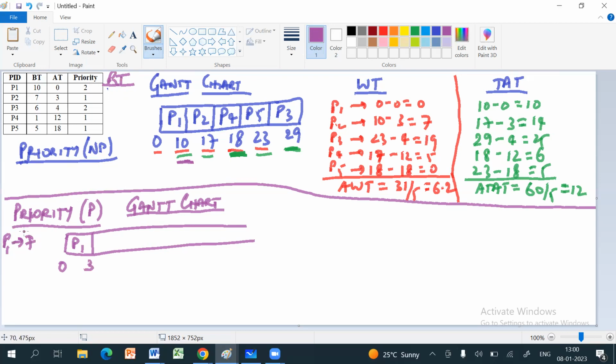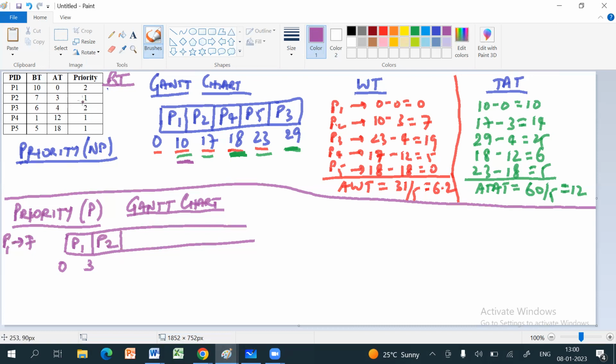I'm just keeping track of that also. Now P2 has arrived at time 3 with a higher priority, so P2 will be given a chance here, right? Now P2 was supposed to execute for its burst time of 7, that is till 10, but then suddenly there is an interrupt at 4, that is, P3 has also arrived now, right?